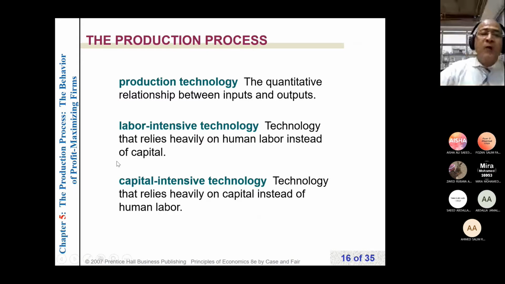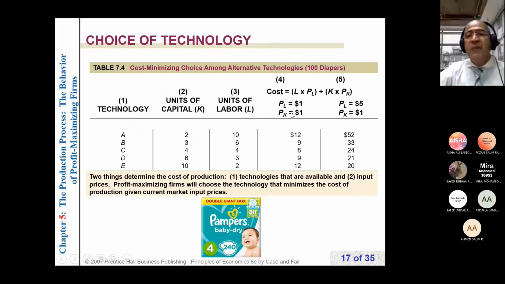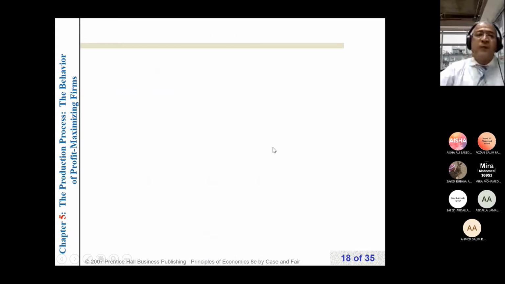So according to the availability of resources, they select. In this example, I gave prices for labor and capital, two scenarios, and I compared between different technologies. So I search for the technology that minimizes cost. So it's not important to go into the details of this slide.